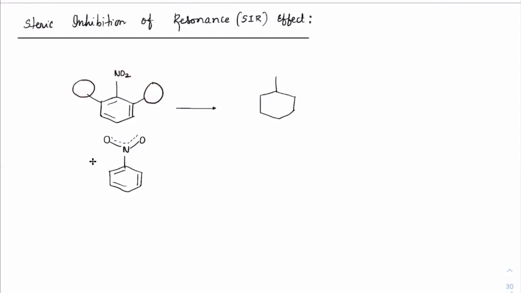Now, due to the repulsions from these groups towards the oxygen here, this bond will rotate. Now we will have nitrogen with this oxygen going inside and this oxygen coming outside, and resonance here is intact.